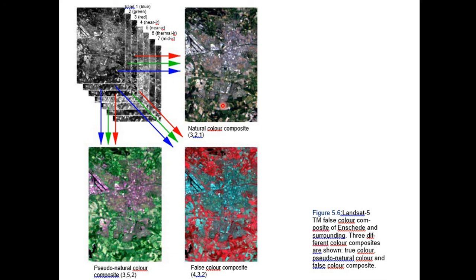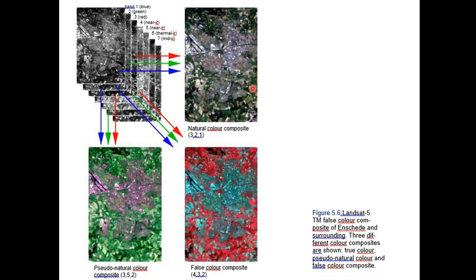Here we have the natural color composite image. In the natural color composite image, all 3 bands, red, green and blue, are added, and each ground feature will be represented in true colors. The colors which we see on the ground will be similarly represented in the satellite imagery.